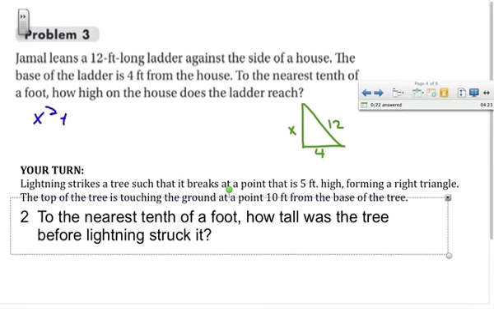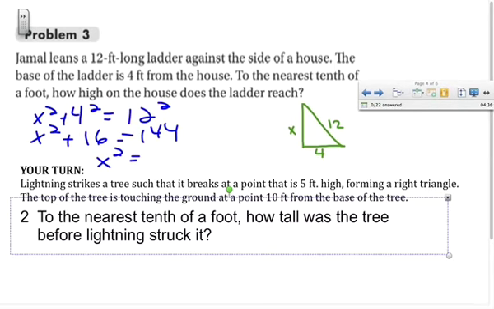Fantastic. x squared plus 4 squared equals 12 squared. Simplifying our equation, we have x squared plus 16 equals 144. So x squared is 128. And notice this time the instructions are asking us to the nearest tenth. Read the questions, ladies and gentlemen.